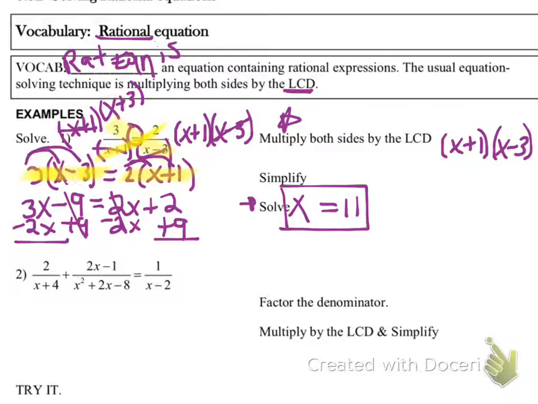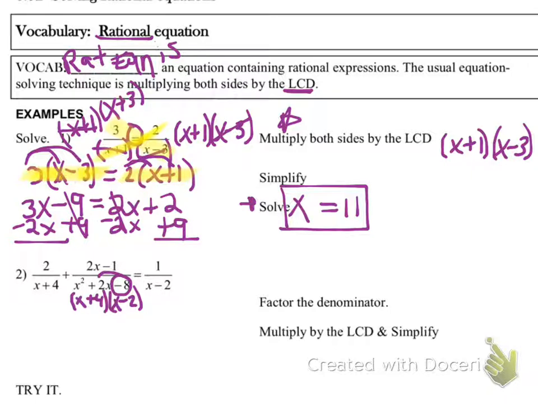Okay, let's do the same thing in number 2. First thing you want to do is factor this. So what multiplies to negative 8 and adds to 2, that's going to be x plus 4, x minus 2. Okay, now it says multiply everything by the least common denominator.